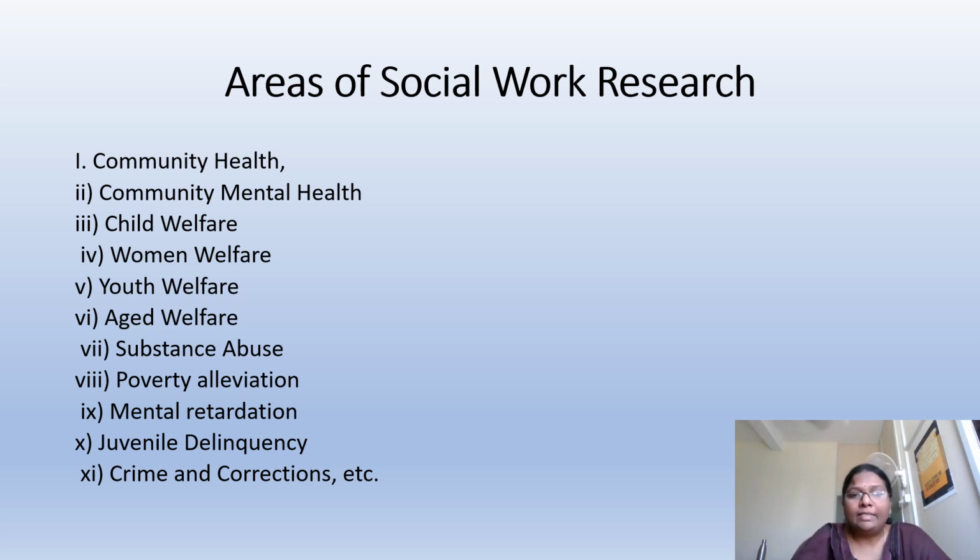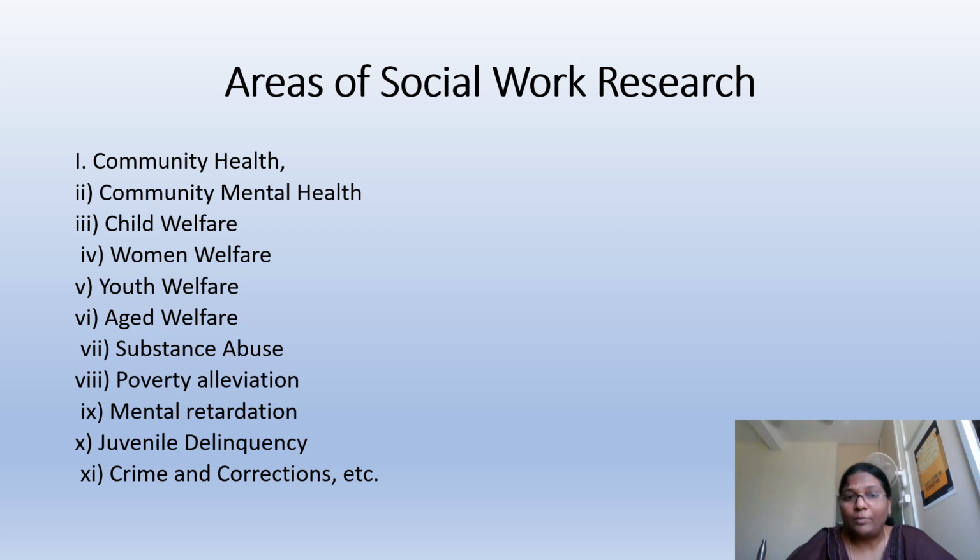So let us see the areas of social work research, in which areas we can pursue our research work. Social workers can do research in community health, community mental health, child welfare, women welfare, youth welfare, aged, substance abuse, poverty alleviation, mental retardation, juvenile delinquency, crime and corrections, etc. These are all the major areas of research for us.